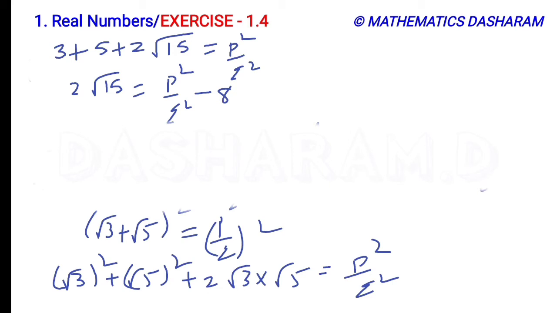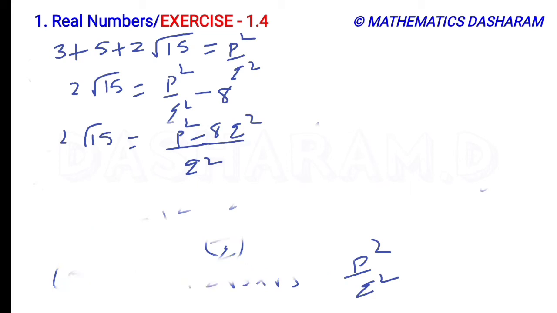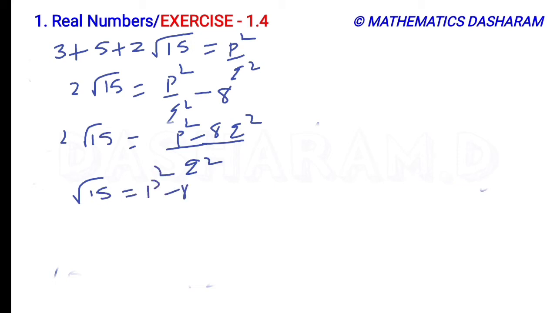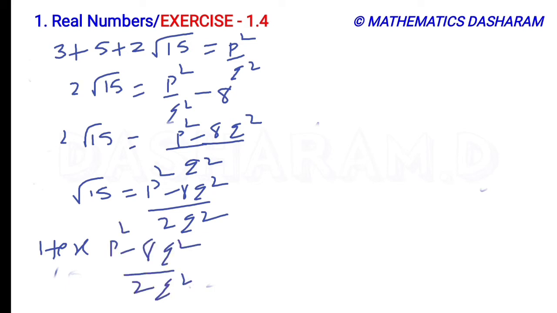So 2 into root 15 equals, here q square is the LCM, p square minus 8q square. So 2 root 15 equals p square minus 8q square divided by 2 into q square. Here this answer is in the form of p by q. So p square minus 8q square divided by 2q square is a rational number.